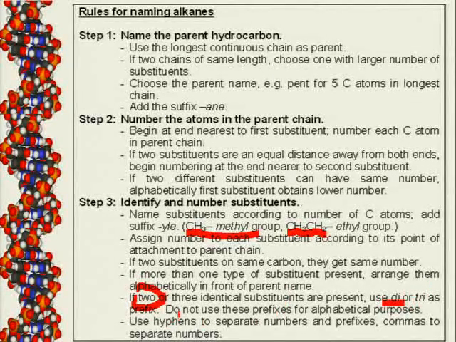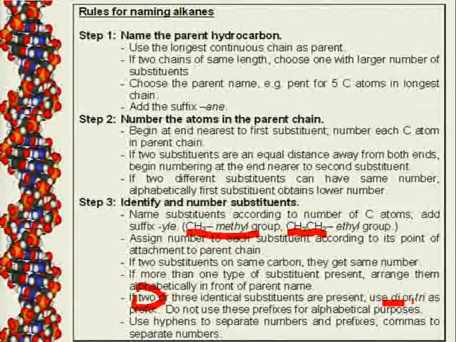All right. And then when you look at the number of the parent name, the di and the tri do not affect the position of your naming, like carbon number 3 and carbon number 5.